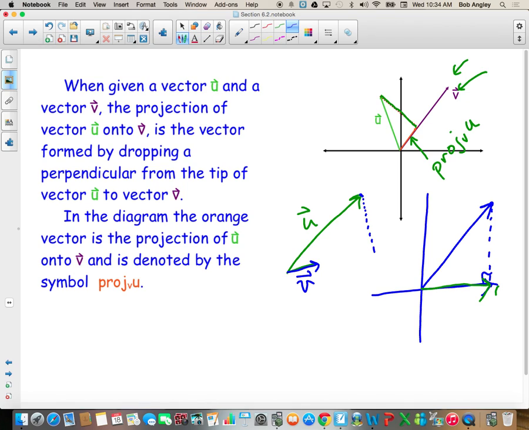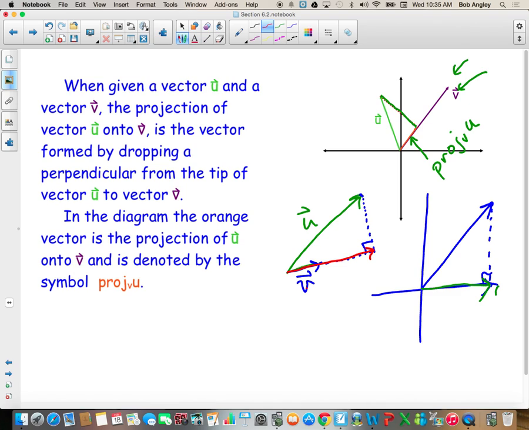It's sort of like the old altitude in an obtuse triangle. We talk about it being perpendicular to the line containing the opposite side. If I make that right angle, then this vector that I'm going to draw in red right here is the projection of u onto v. So this time, do you see that the projection is longer than the vector it's getting projected onto?